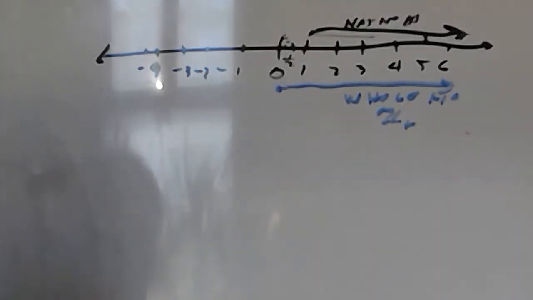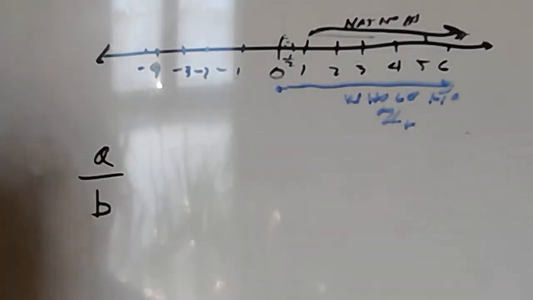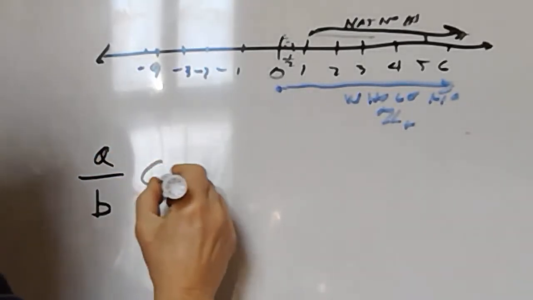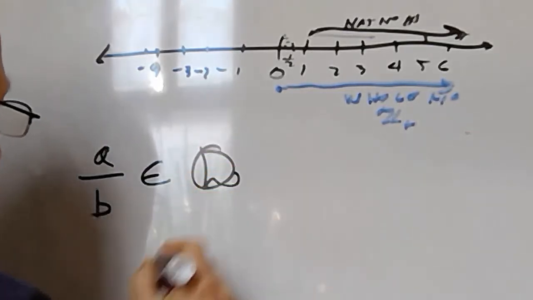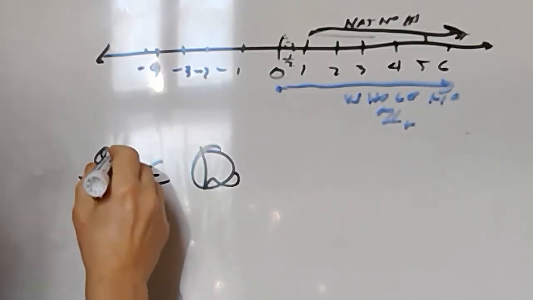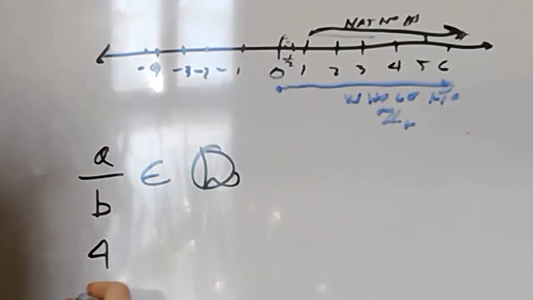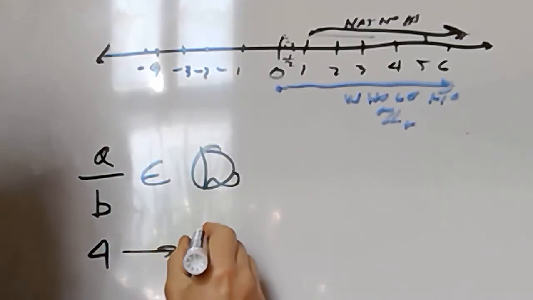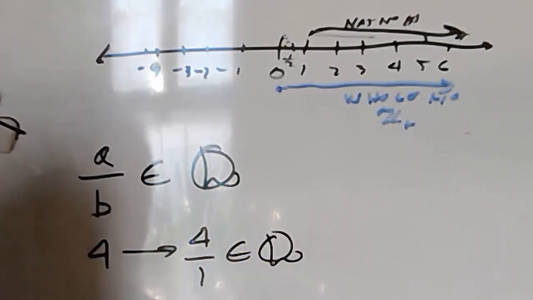So any number A over B is an element of what's called the rational numbers Q. So any fraction is where you can put A over B. So even if you have one of these numbers, 4 you can write as 4 over 1, which means that it is a rational number.